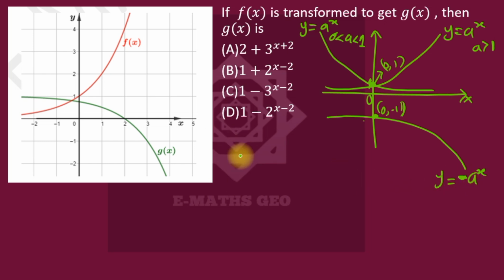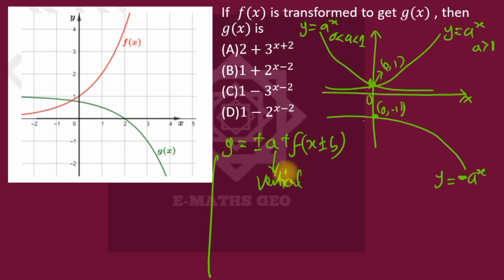And again, there's what we call horizontal and vertical shift. If you have a function y equals plus or minus a, plus or minus f(x) plus or minus b, that a is the vertical shift, that's moving up or down.